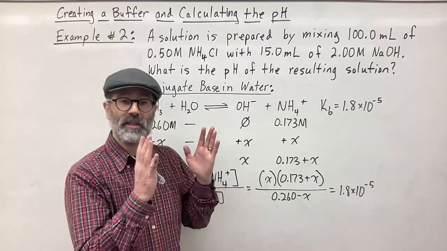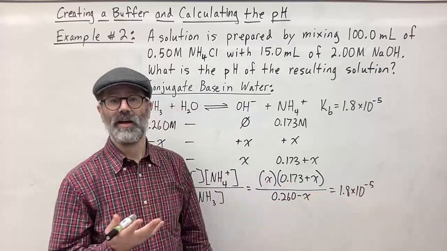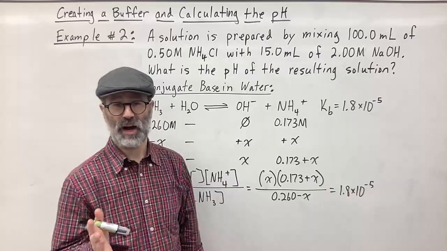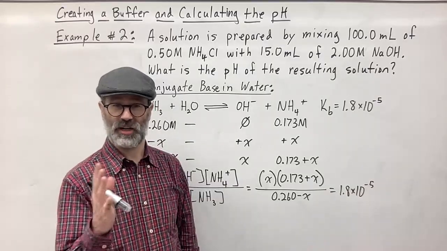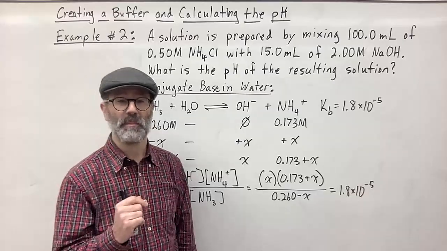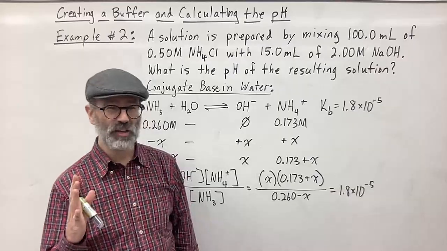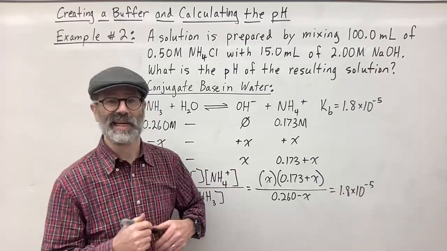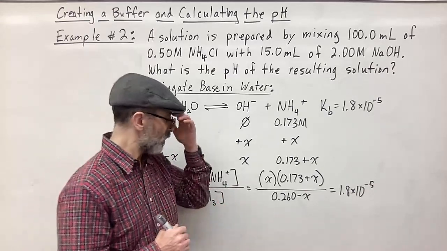Now, if the factor difference between these was like 100, like 10 to the 2, then I would just do the 5% rule calculation and see where it is. It probably won't be valid in that case. But if it's a factor of 1,000 above, then you could pretty much guarantee that the 5% rule is going to be valid.